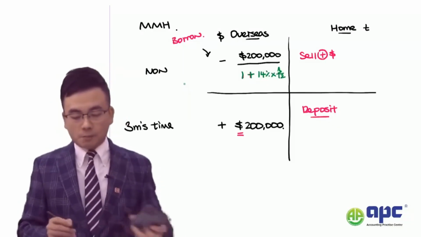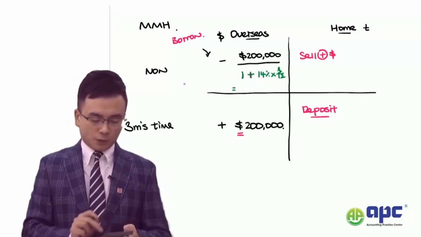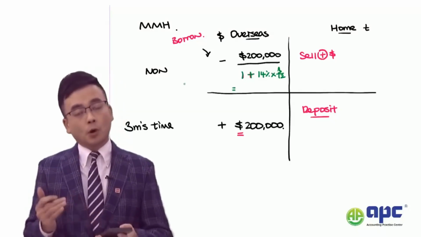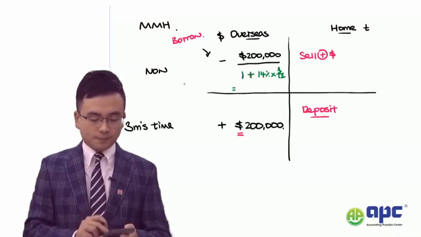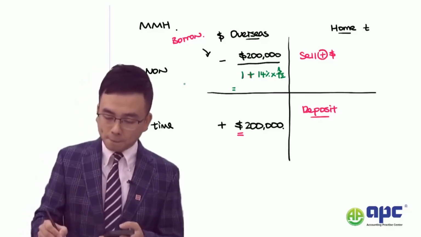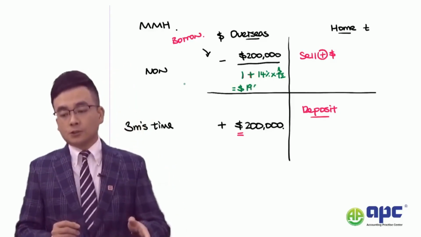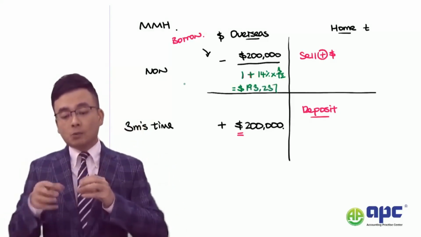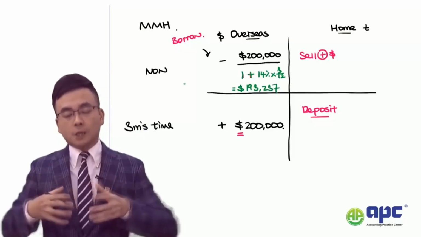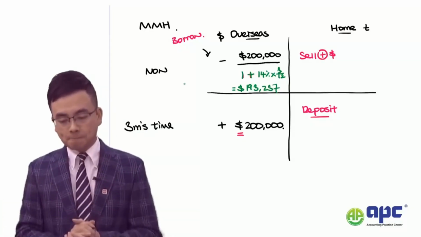So the amount that we can borrow: we take 0.14 times 3 over 12 plus 1, which is 1.035. That gives me the amount I need to borrow now, 193,237. So the money will grow in 3 months' time to $200,000 to be repaid to the US bank.